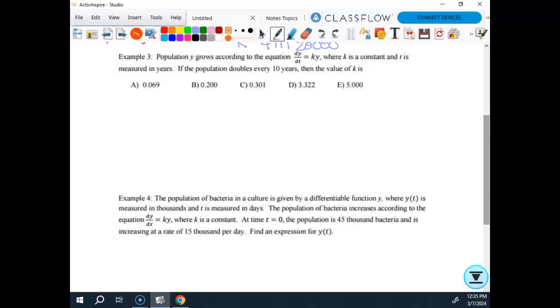This is a multiple choice question. This would be a calculator question. We're not going to worry about putting it in the calculator because we'd have to do part of this by hand anyway.